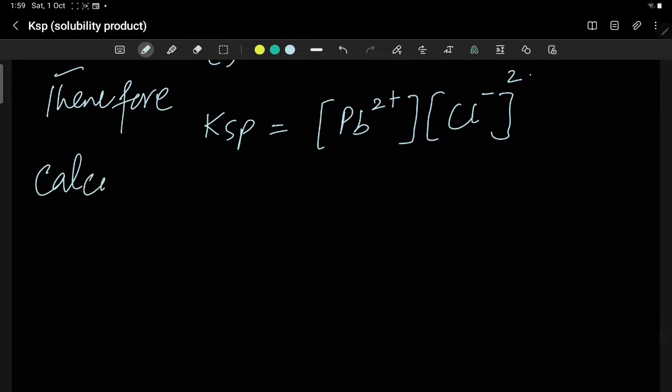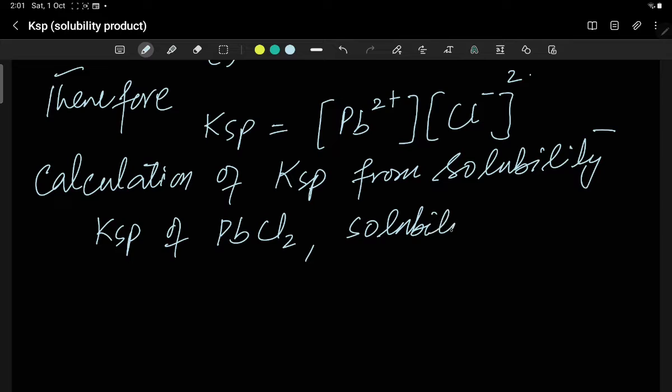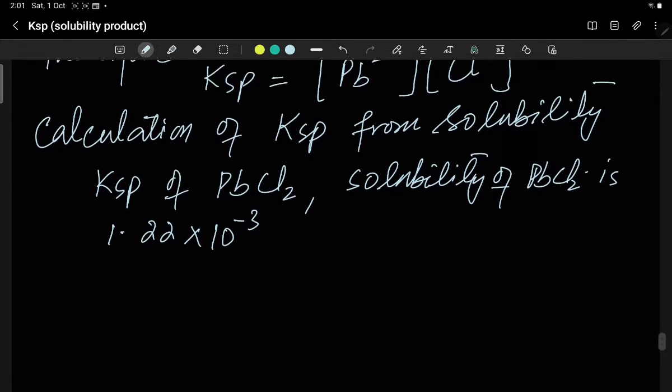Calculation of Ksp from solubility. Find the Ksp of PbCl2, where the solubility of PbCl2 is 1.22 into 10 raised to the power minus 3.